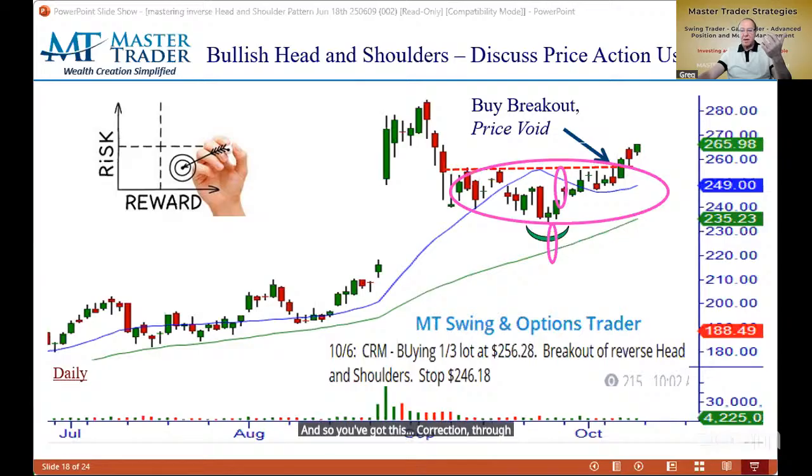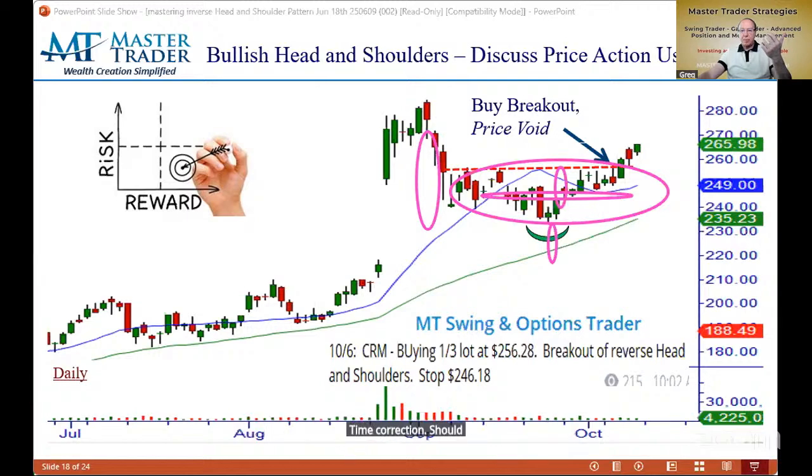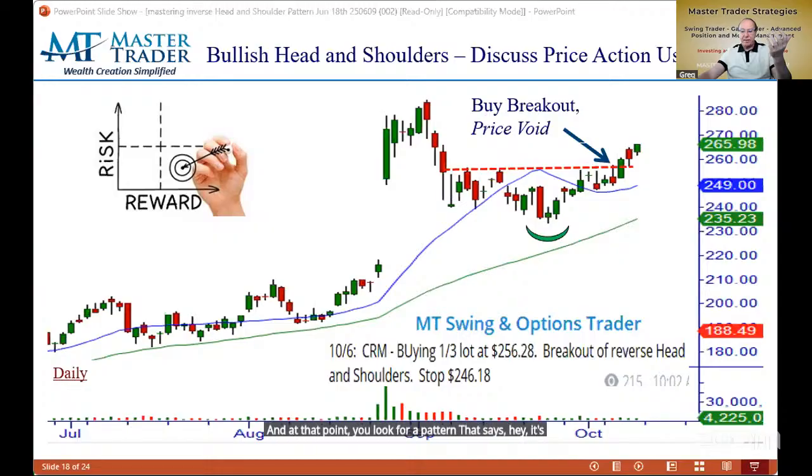You've got an initial correction down, price correction, time correction, should create a void up above. And at that point, you look for a pattern that says, hey, it's ready. And so for sure, with this green bar right there, that means it's ready. When that bar closes, it should keep going up.